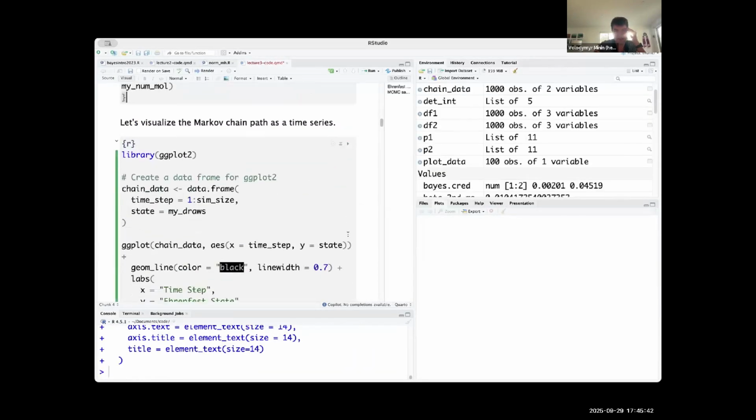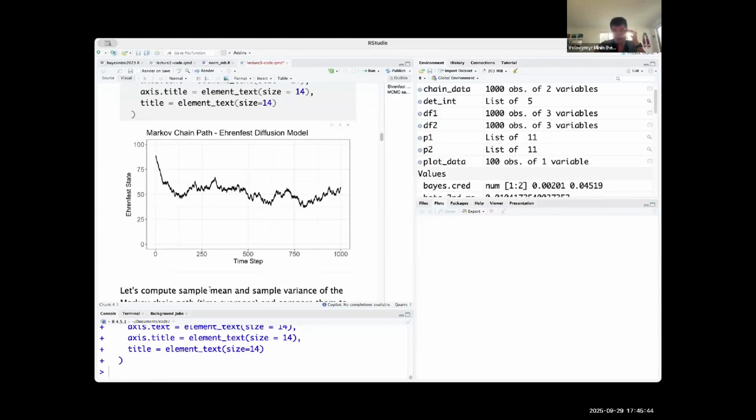Let's visualize it so that it's easier to look at. So this is our path. We started at 89 and, using these simple rules, the number of molecules bounces around. And as we predicted, it likes symmetry. So it goes to 50 and starts oscillating around 50, because that's the 50-50 configuration of the system.